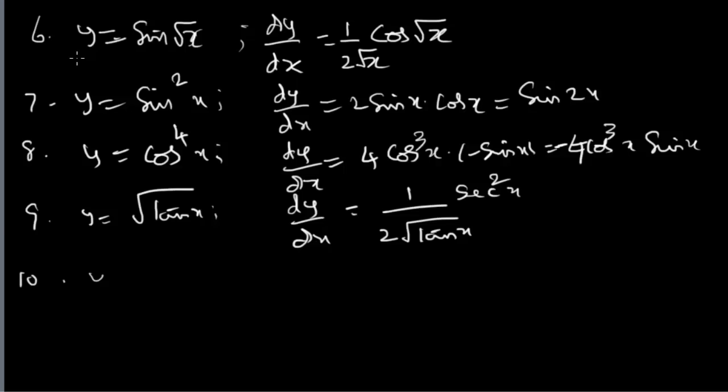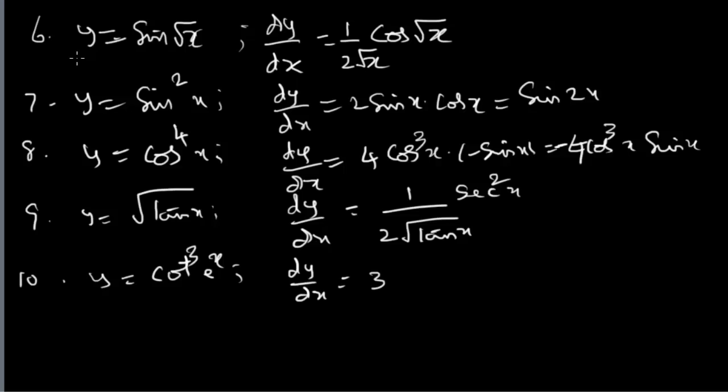Y is equal to cot cubed e power x. Now function rule. So dy by dx, very carefully you can see, something power 3 is 3 into something squared.